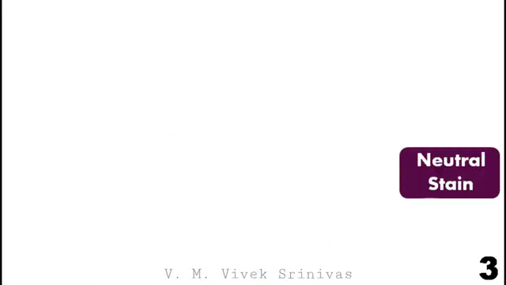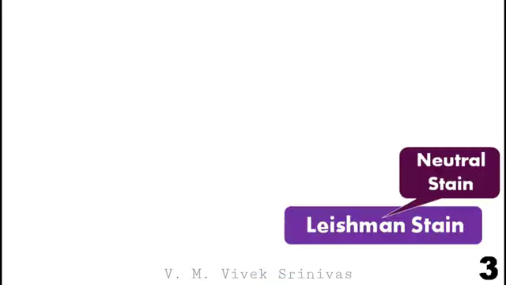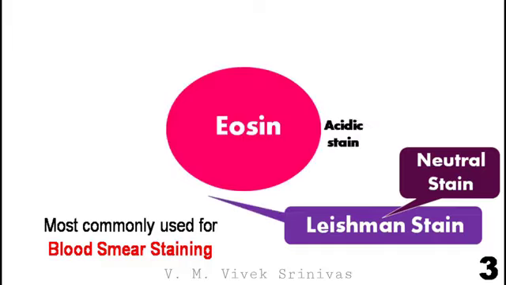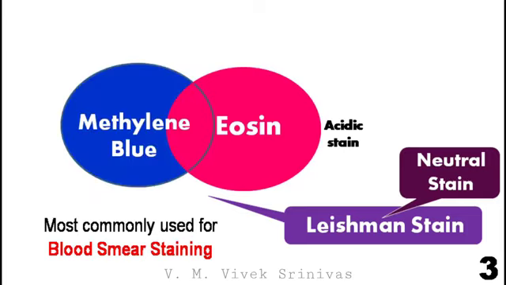Lastly, the neutral stain. The example is the Leishman stain. This stain is most commonly used in the blood smear staining technique. This consists of eosin, which is an acidic stain, and methylene blue, which is a basic stain.